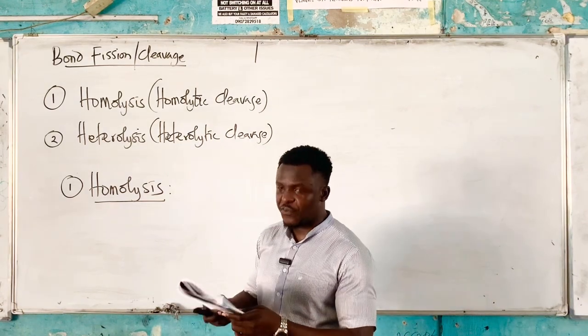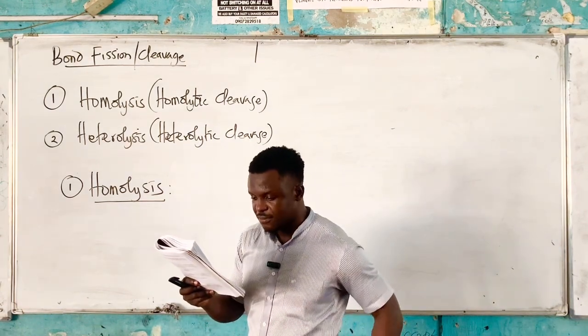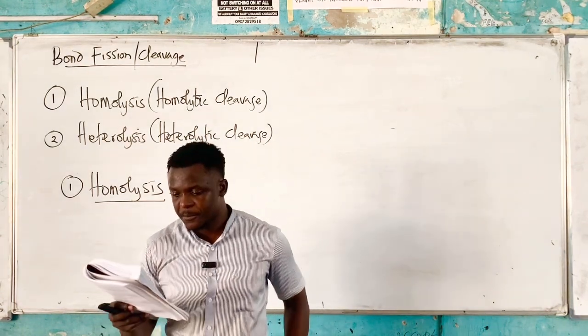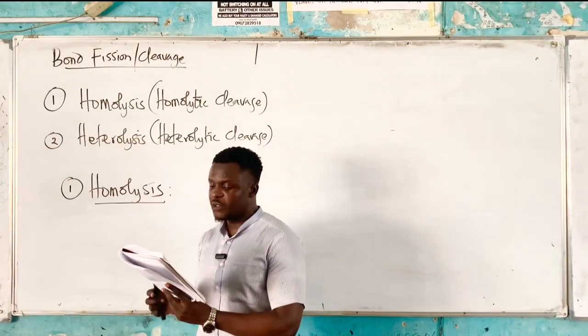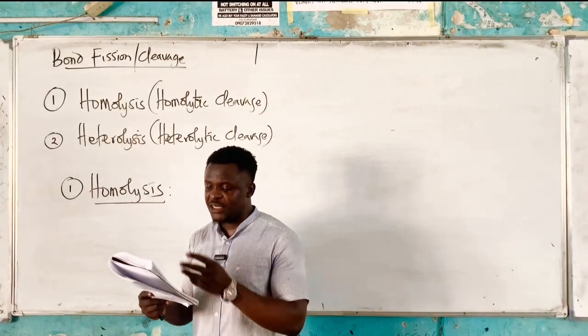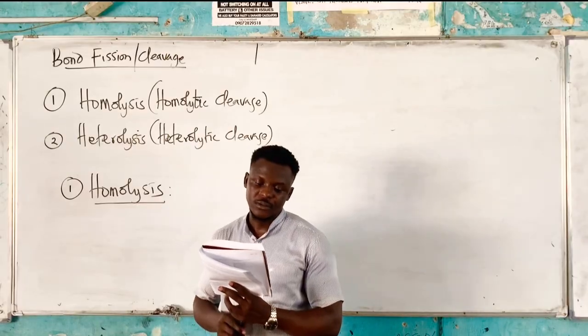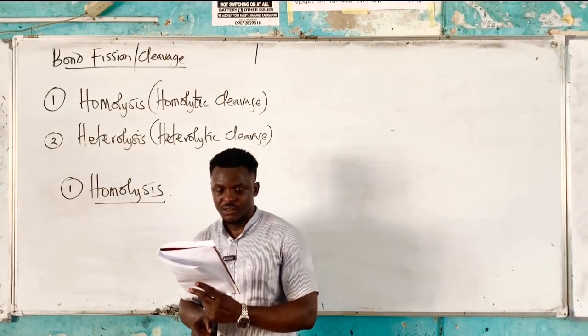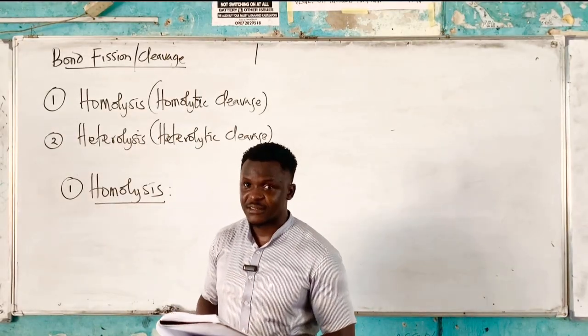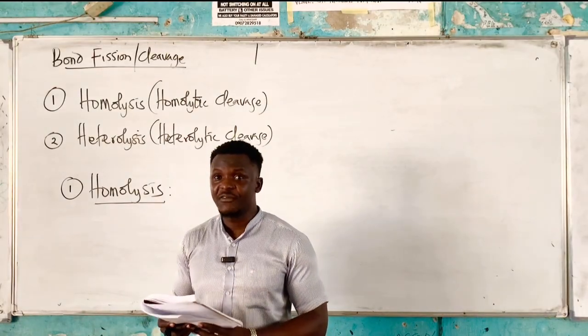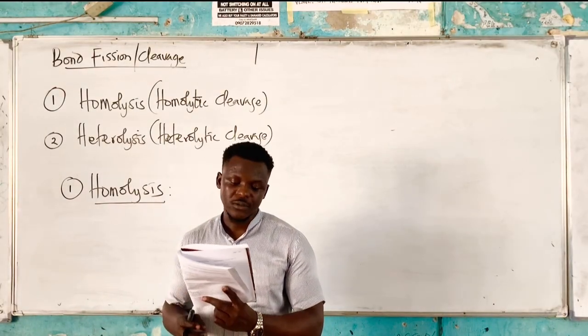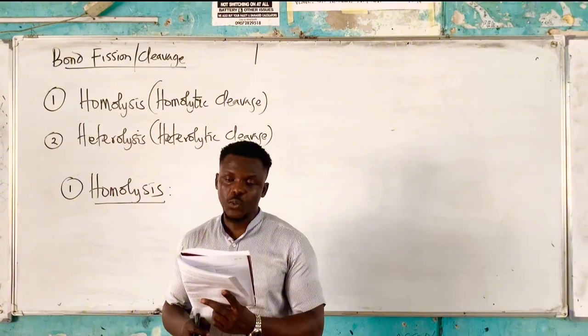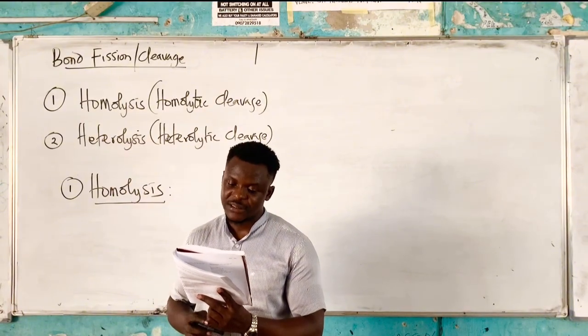So please put down. Let's look at the first one. Homolysis is a form of bond cleavage in a symmetrical way. Full stop. In homolytic cleavage, one electron remains with each product fragment.